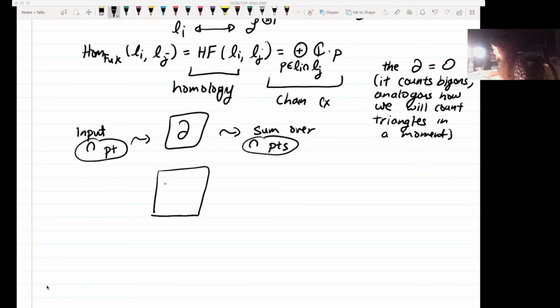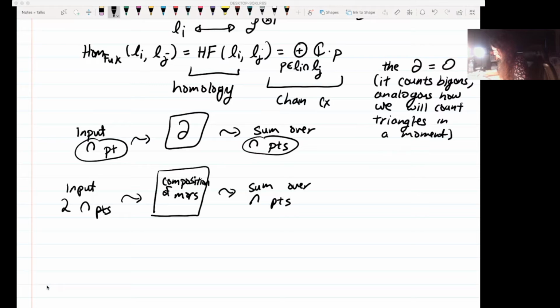What we're going to have in this example is composition of morphisms. And so that's going to input 2 intersection points and output a sum over intersection points.